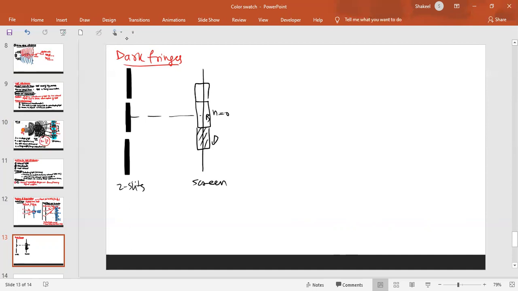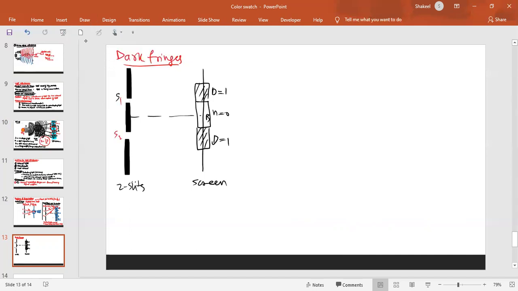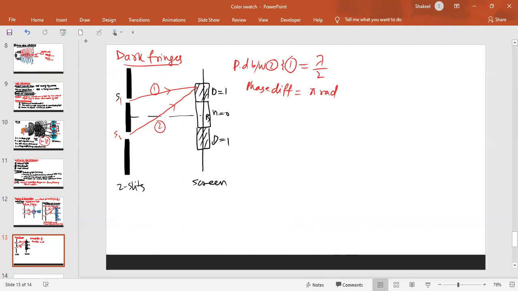I'm going to tell you about this first dark one. How will the dark fringe be formed? This is S1 and this is S2. From this light is coming, and from this light is coming as well. The path difference between these two rays, 1 and 2, should be equal to lambda by 2, or the phase difference between them should be equal to pi radian. That's why destructive interference will happen.